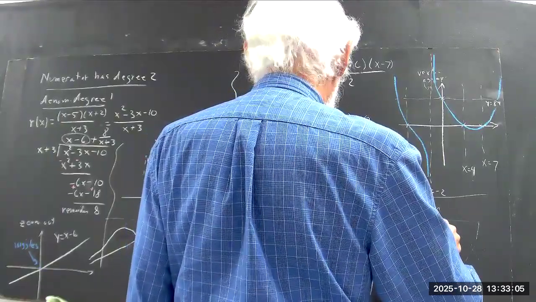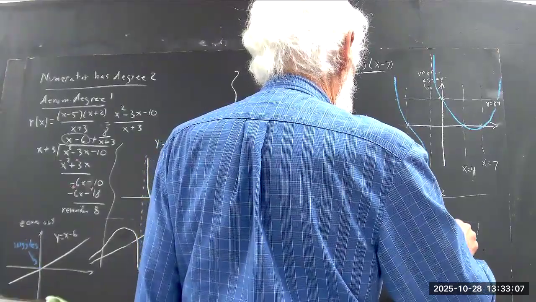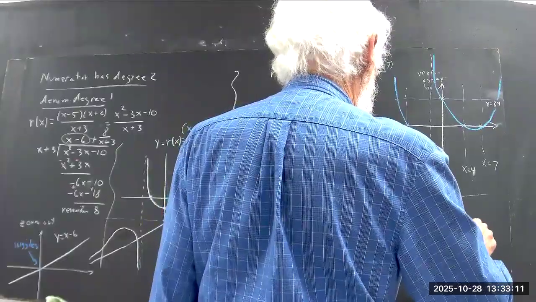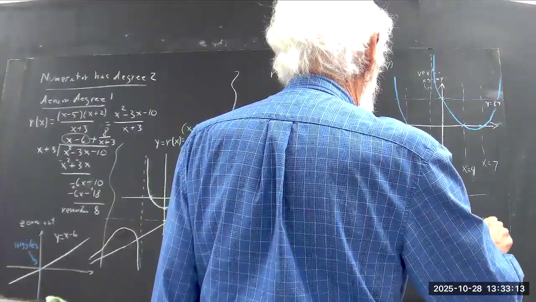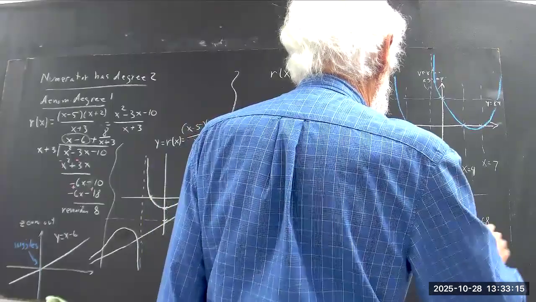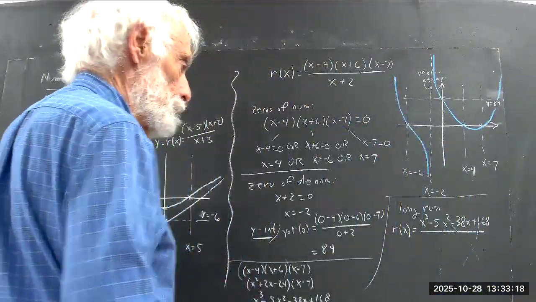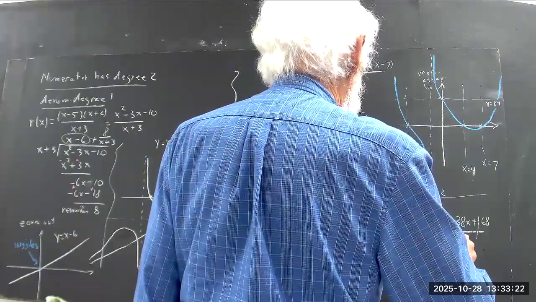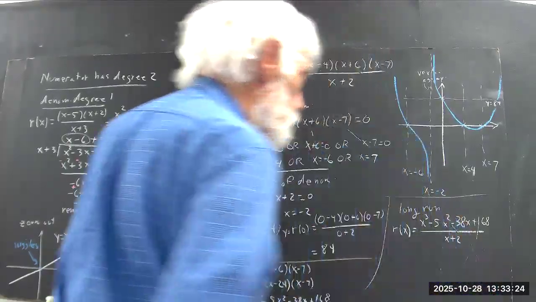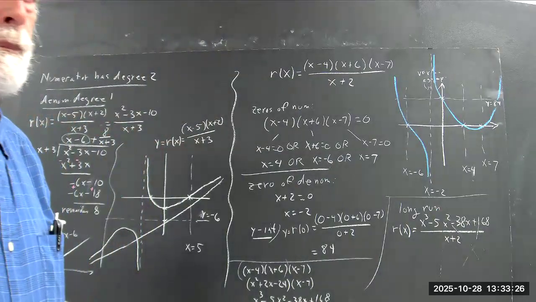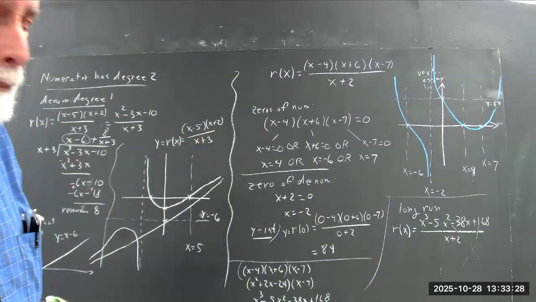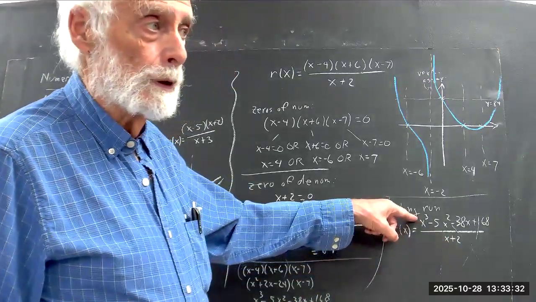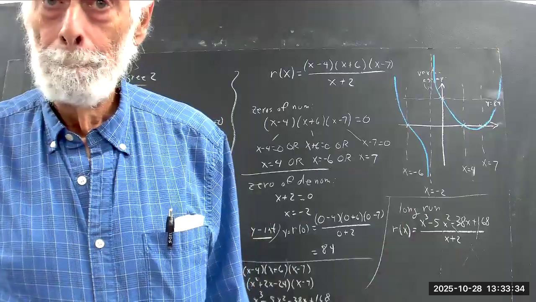If I expand the polynomial in the numerator, that's what I get, and it's over x plus 2. I know if I divide this denominator into this numerator, I'm going to get an x squared, right?